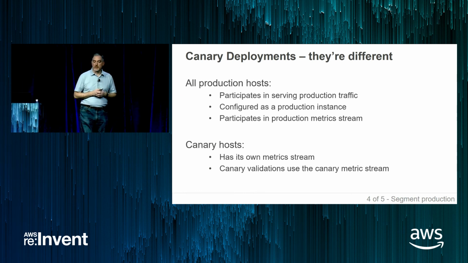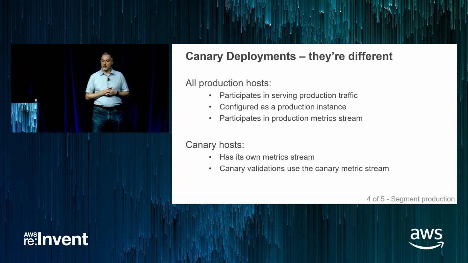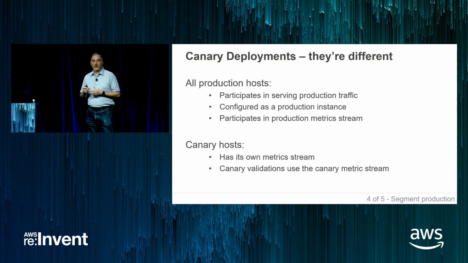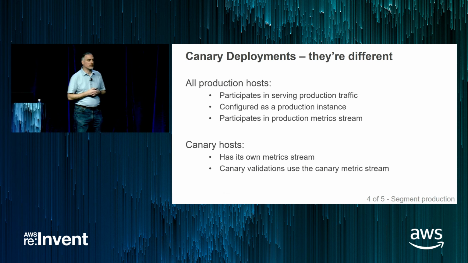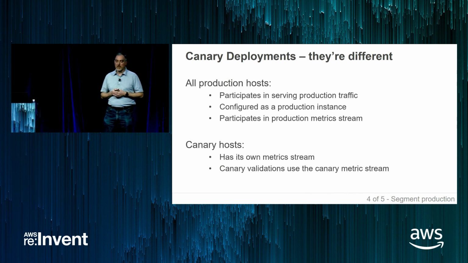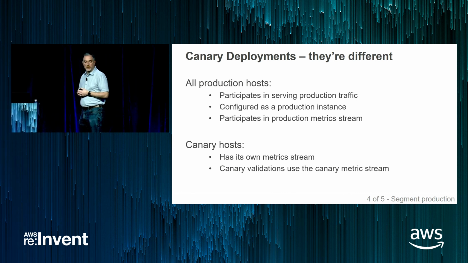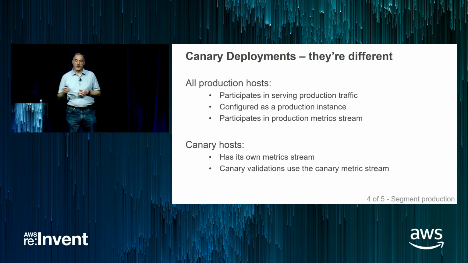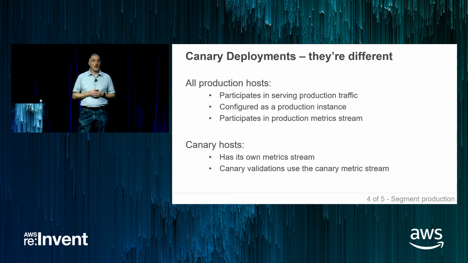Think about the instance when you have hundreds of hosts in your fleet and you have an alarm configured to fire on a set of 3 consecutive failed data points. If your canary is throwing errors, it's very unlikely that the alarm will fire, even though the Canary deployment is clearly unhealthy. So instead, Canary deployments should emit a second metric, and the validation should occur on that Canary deployment metric stream.